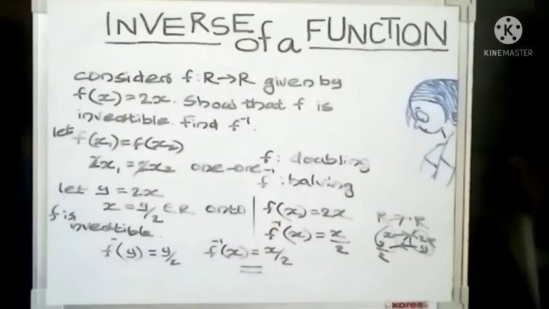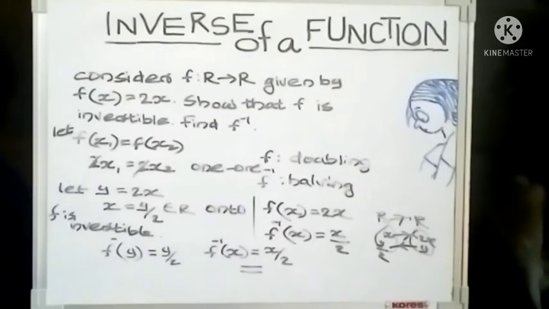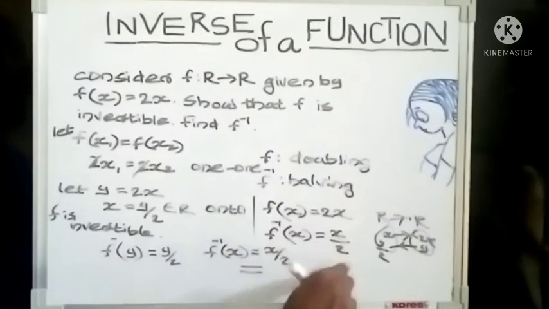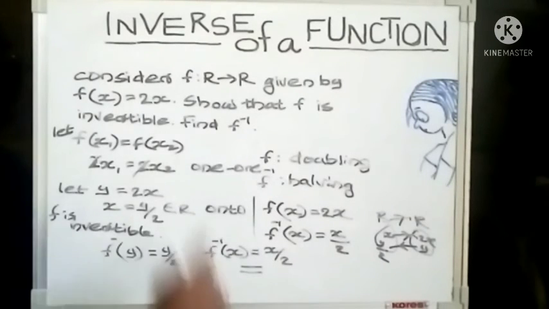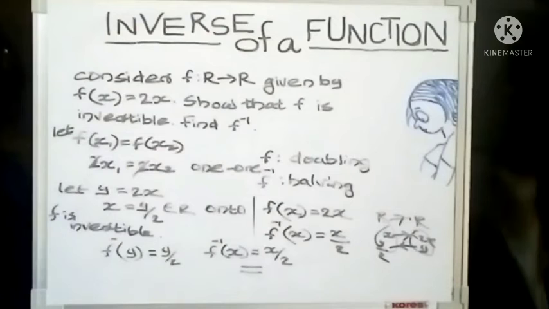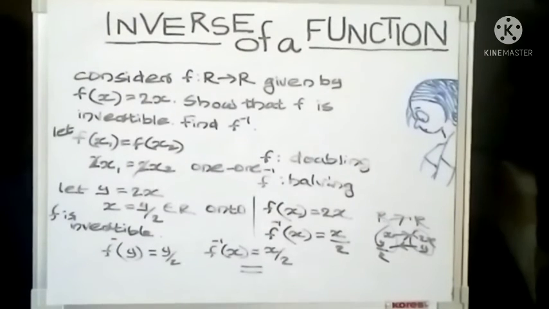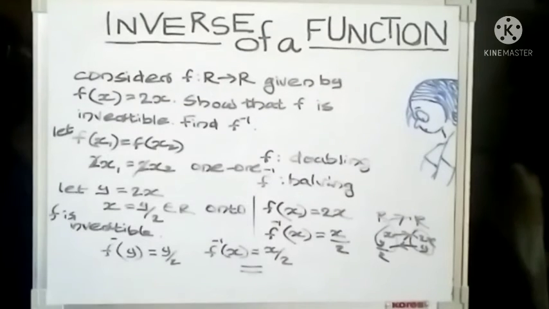It was a simple activity, but we have to write so many steps to prove that the function is invertible. Theoretically, to prove that the function is invertible, we have to write so many steps.